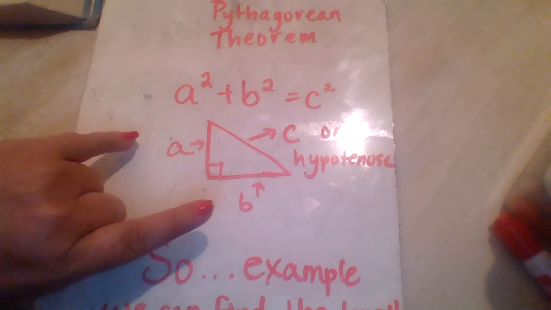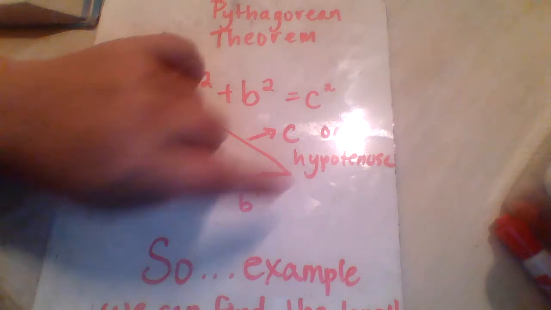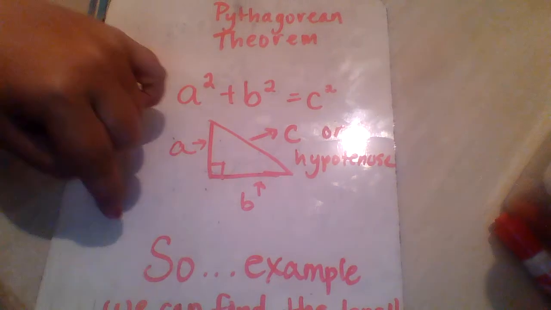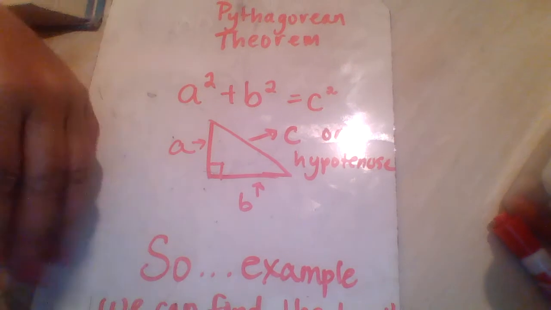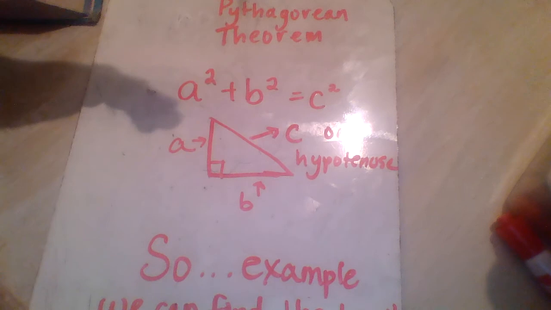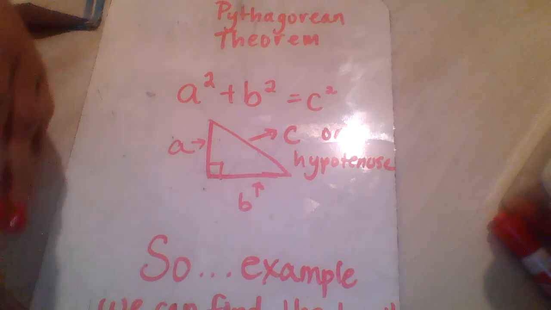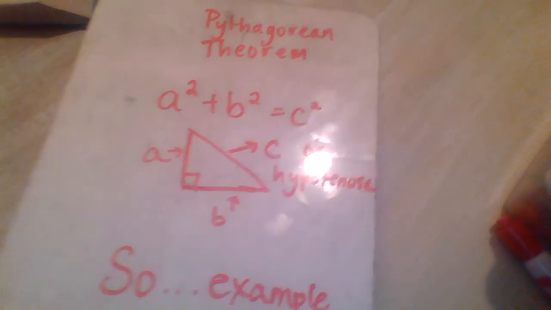And a squared plus b squared gives us c squared, or the hypotenuse squared. So knowing this relationship, we can use this to find the length of the hypotenuse, or the length of a leg, depending on which other factors were given.